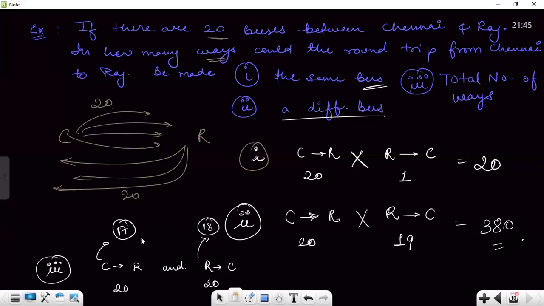So when we look from a bigger picture, 17 and 18 come together to make my one route. So they are dependent events for sure. So 20 and 20 will get multiplied. Total number of ways will be 400, because they are related, dependent events. Clear everyone? And I could also have just added them, both of them.